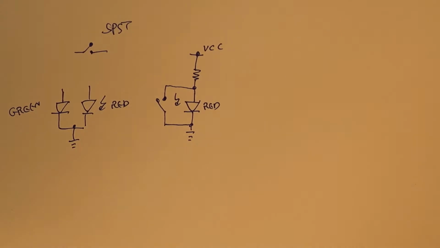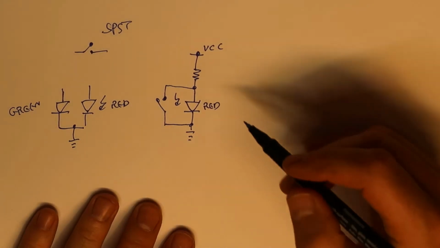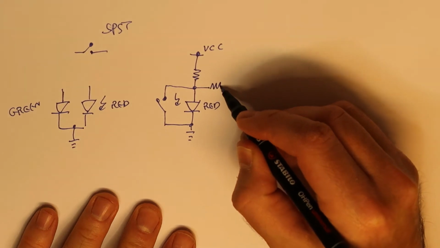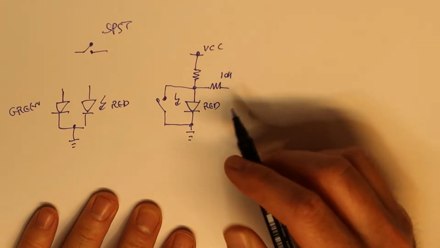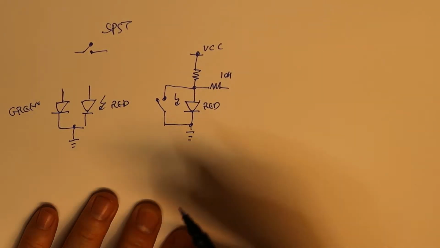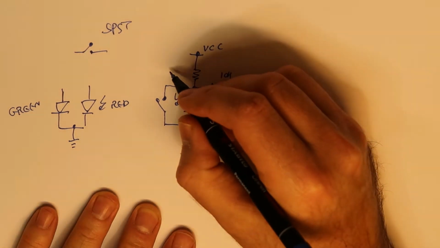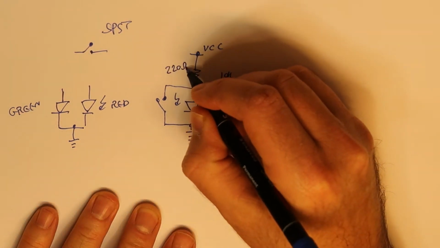Okay, so let's think loud how to do it. There are many ways to do it, but again I'm searching for the most simple way. Okay, so if I take here, let's say, a 10k resistor. By the way, this resistor we need to calculate to give 20 milliamps to this LED, but let's say we can put 220 ohms.